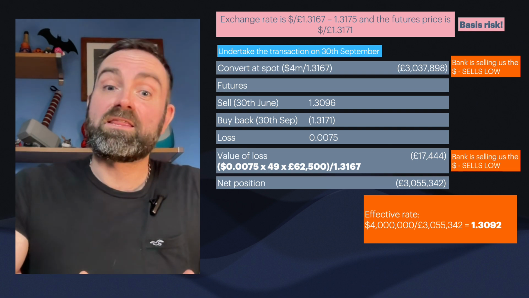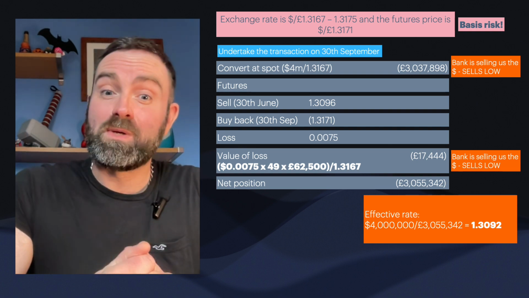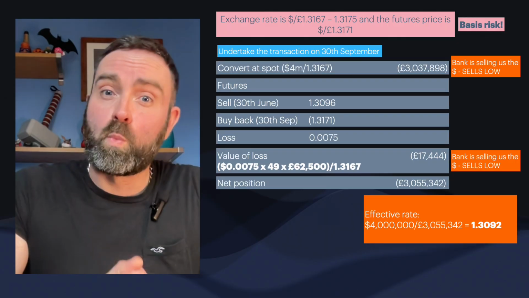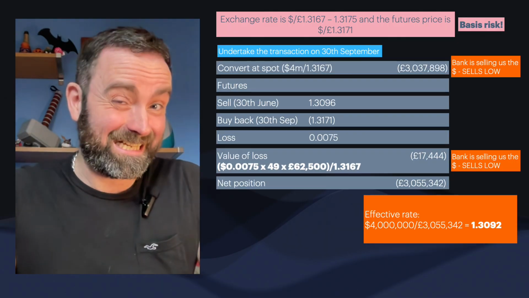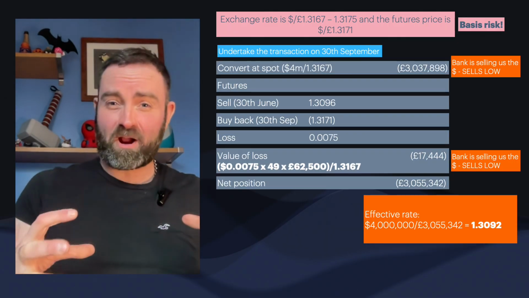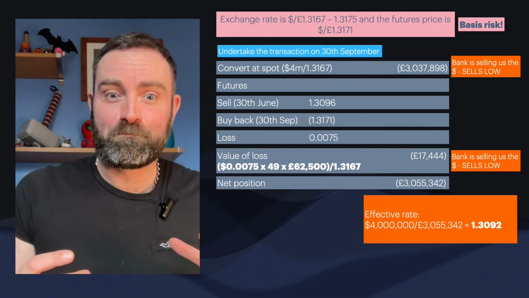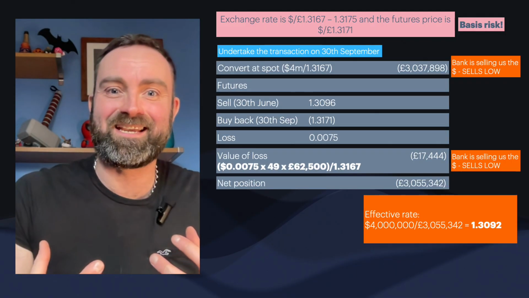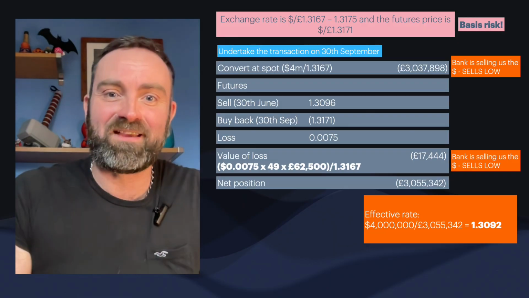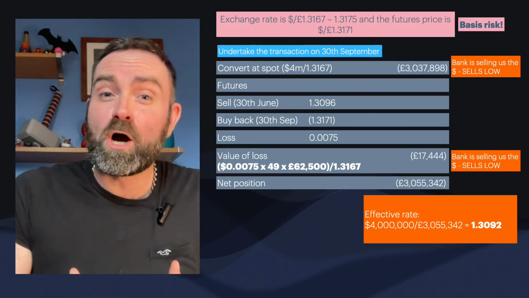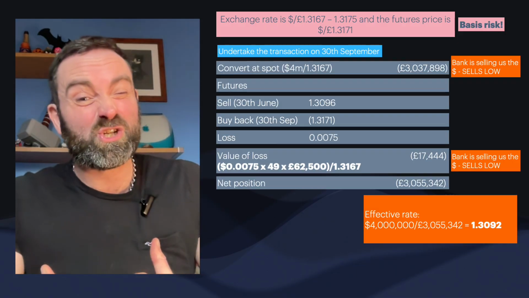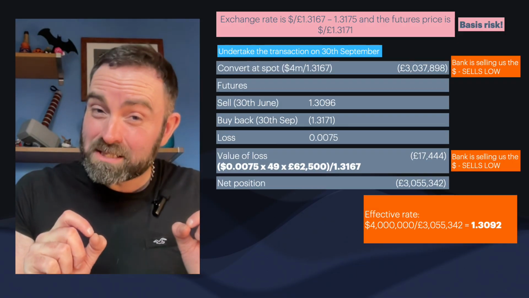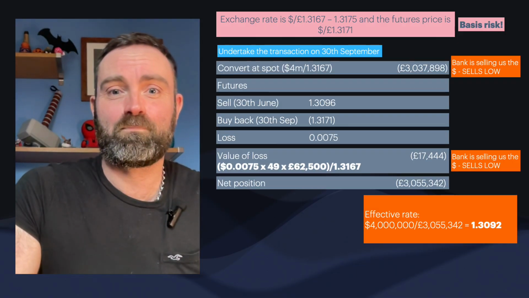Now have a look back at the original futures price that we sold at, which was 130.96. Now that was what we were trying to fix our exchange rate at. Whatever we did that kind of initial futures valuation of, so that 130.96, that was what we were trying to fix the exchange at. And we've only got 130.92. So we were close, but we weren't quite there.